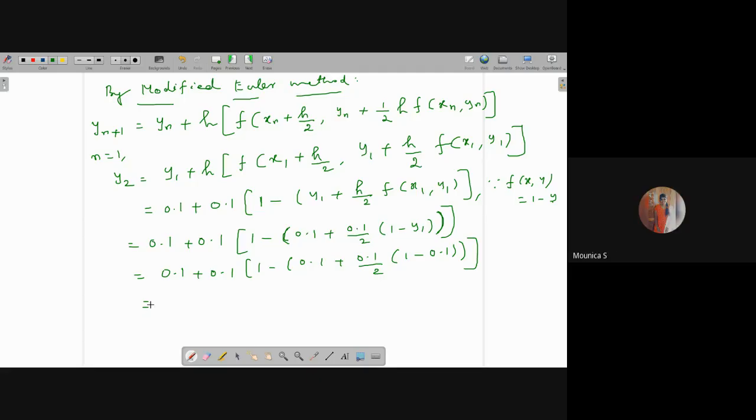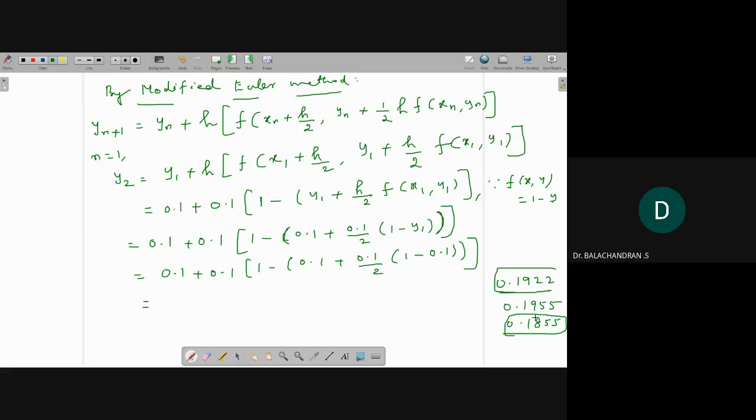0.1955? Any other answer? I got 0.1855. The book answer is also 0.1855, that's why I write it here.